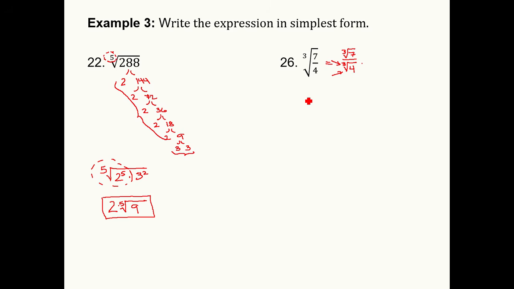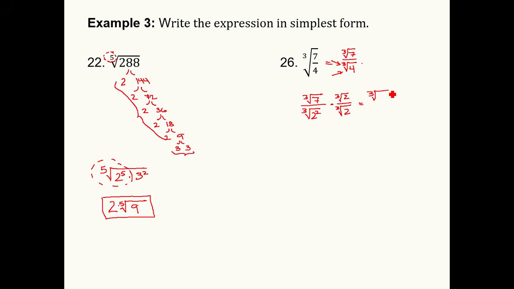What I have already in the numerator is cubed root 7, and in the denominator I have the cubed root of 4, which is 2 squared. So I've really almost got a perfect cube underneath a cubed root. I simply need to multiply in the cubed root of 2 to the first into the numerator and denominator. Right? I just want to multiply by 1, and I will have my solution.